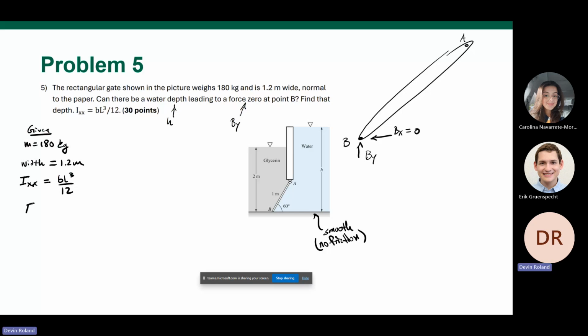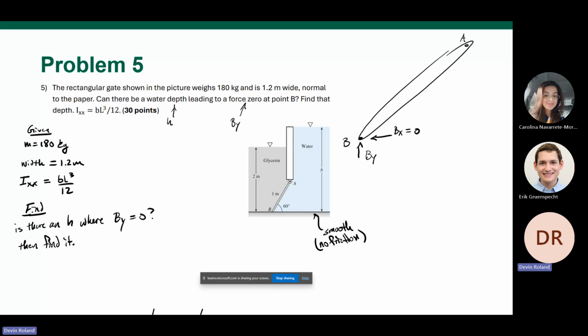Then we want to find: is there an H where the force at B is equal to 0, and then find it. Spoiler alert, there is a depth of H that will give you 0 at point B. So you just work this, and if you find it as you work it, then you're answering both at once.